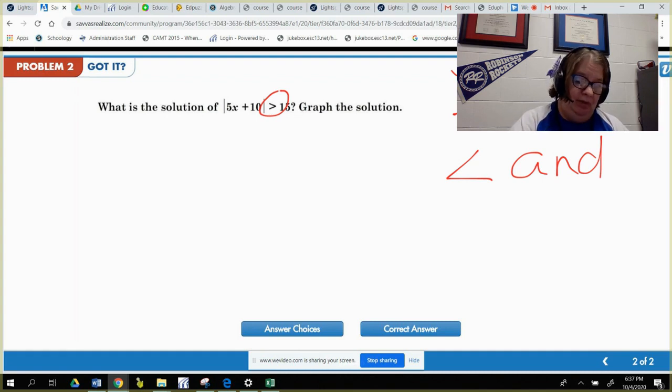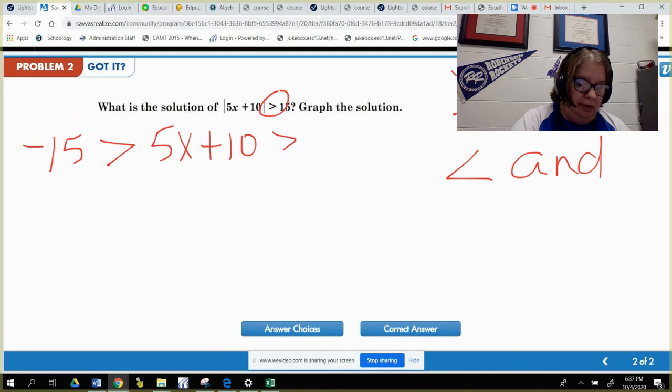less than negative 15. So we can write it as negative 15 greater than 5x plus 10 greater than 15. We still split this, change the sign of that number, keep the same symbol that we started with. Now, solve.